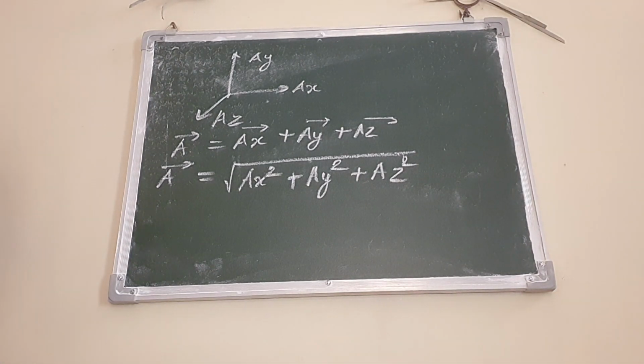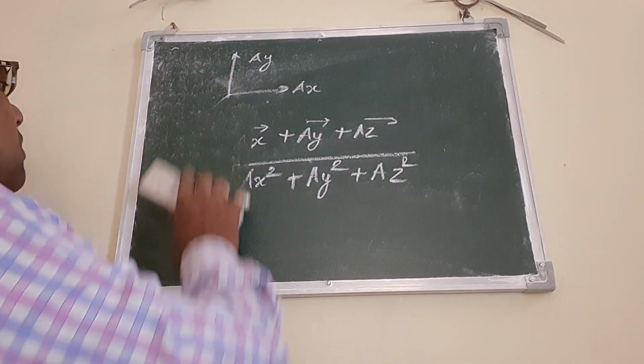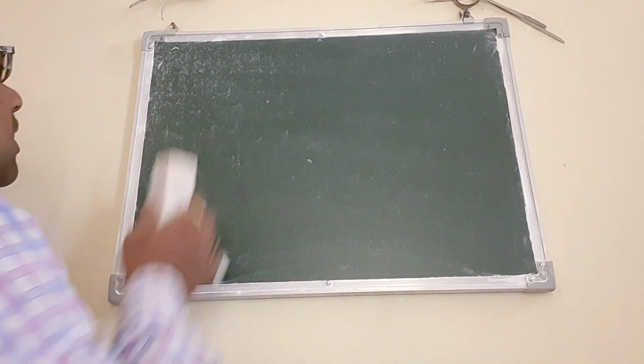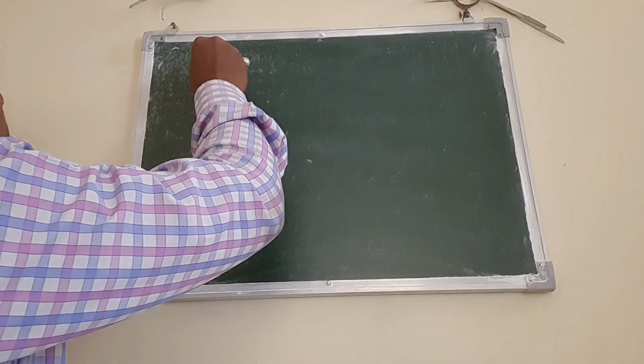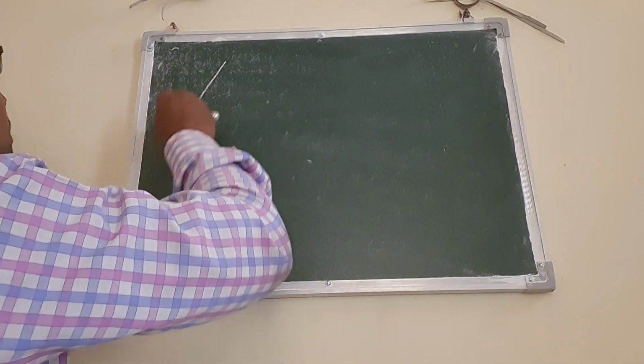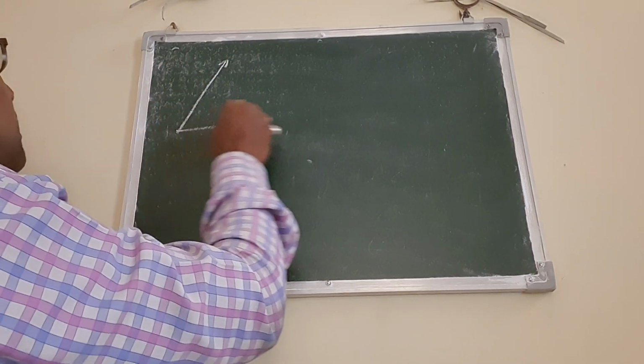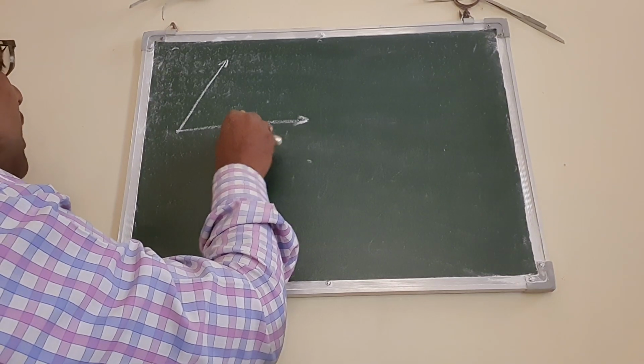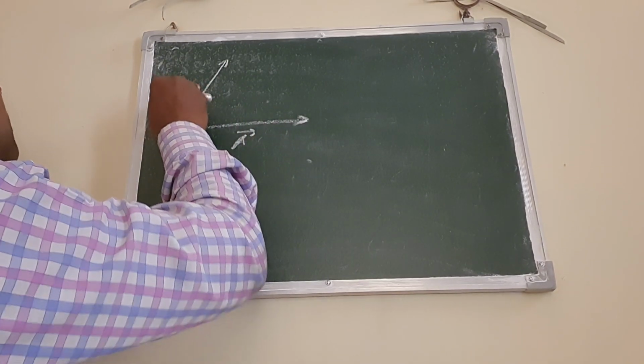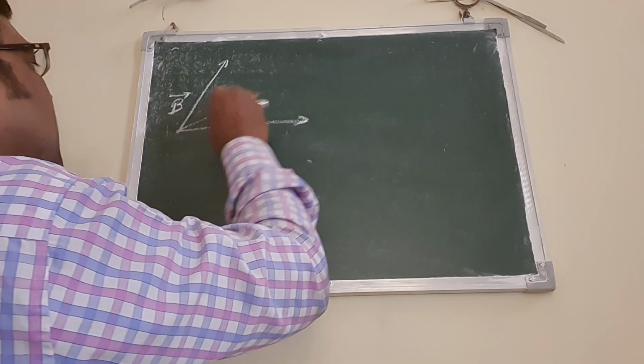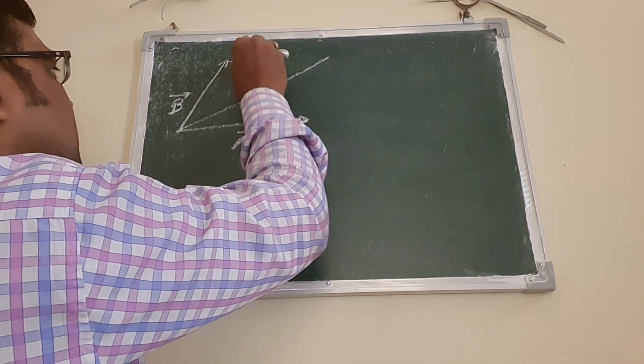Now we are proceeding to the parallelogram law of vector addition, and we are going to derive the expression for the resultant, and also we will find the angle theta between them. So this is our diagram. You can see this is the A vector, this is the B vector, and this is the resultant.